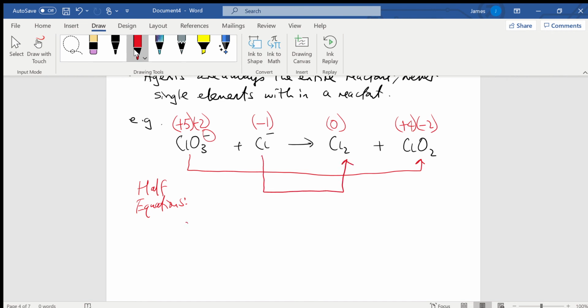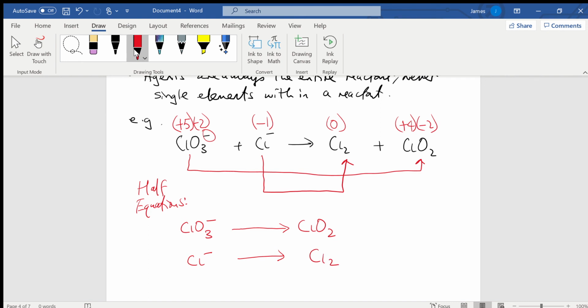So I would write ClO3 minus is connected with ClO2. That would be a half equation, and I've got Cl minus is connected with Cl2.